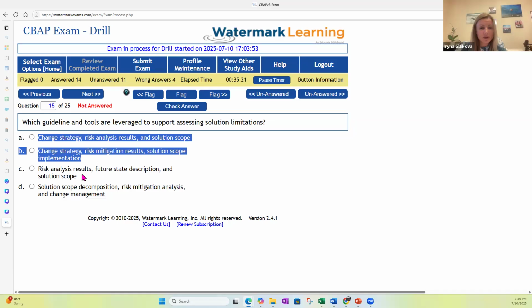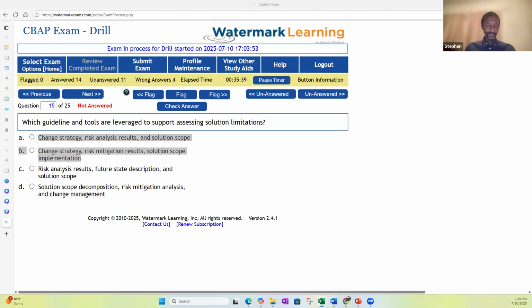And risk mitigation analysis. I don't know. Solution scope decomposition.